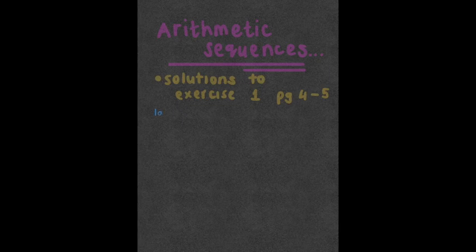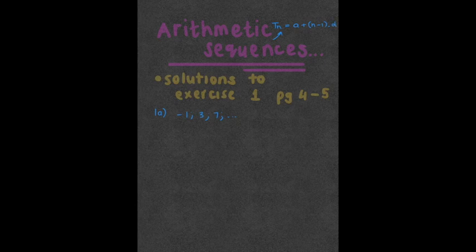So I'm now on page 4, looking at question 1a. The pattern is -1, 3, 7, and it continues. Let's recall what our general term for an arithmetic sequence is. Remember, it's Tn equals a plus (n minus 1) times d.